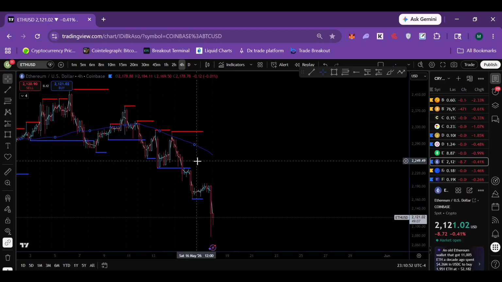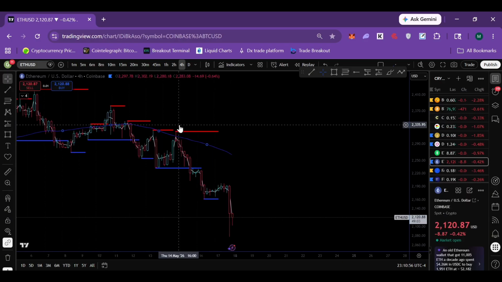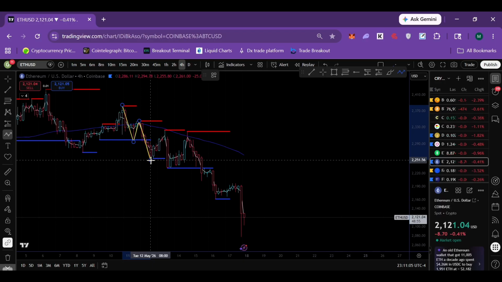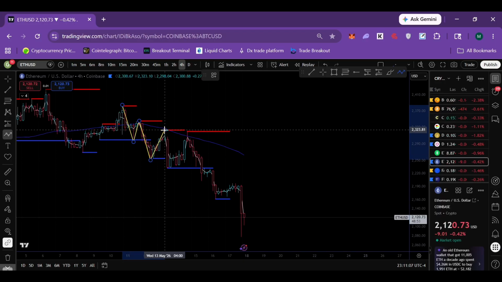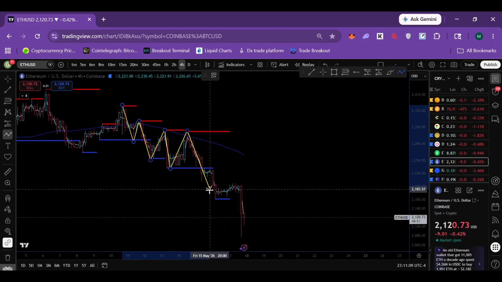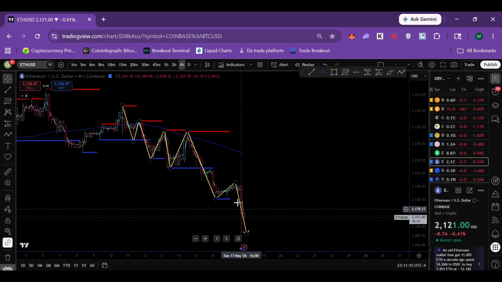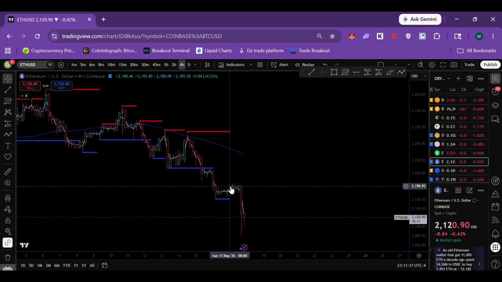Now, whenever we're trading, we always want to know what trend the market is in. From right here, we can already see we have our 1, 2, 3. So this whole time is just trending, making lower lows, lower highs, lower lows, lower highs, lower lows. Bam. So we see that.